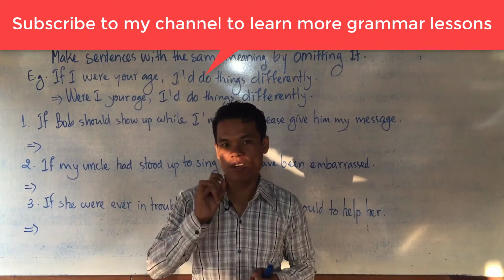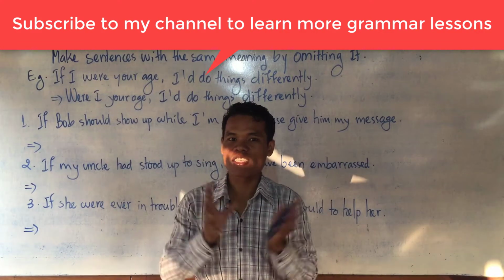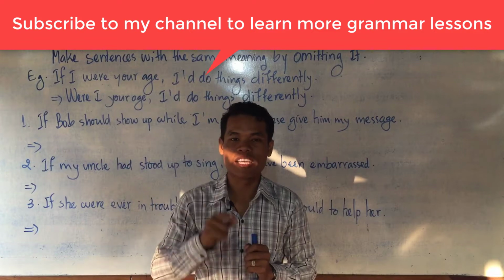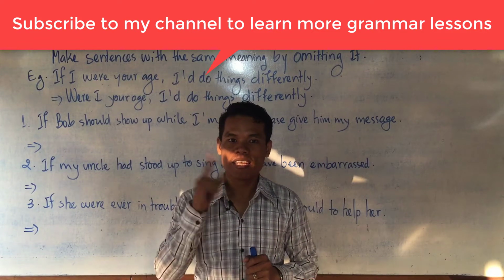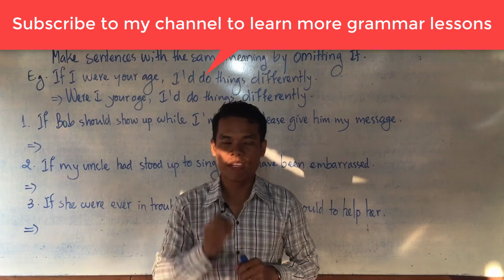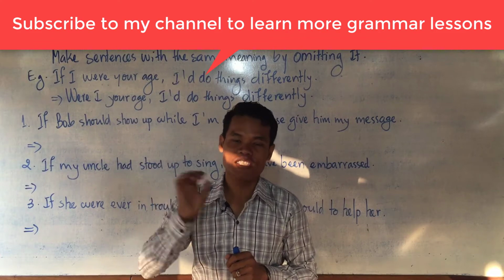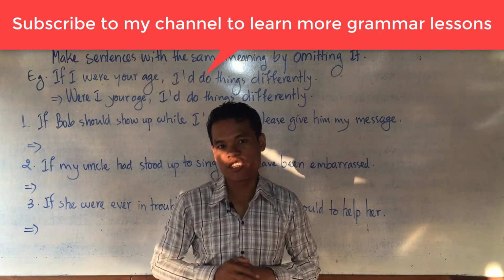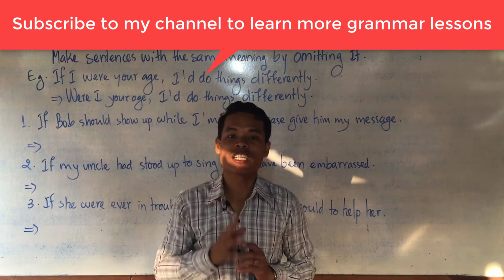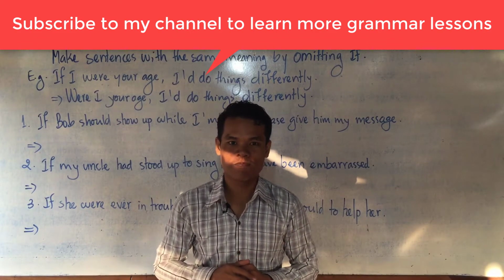One is the second conditional we use with were. You remember that all the subjects take were in the if clause. One more is the third conditional. So in the third conditional, when we omit if, we think of the if clause or subclause only.